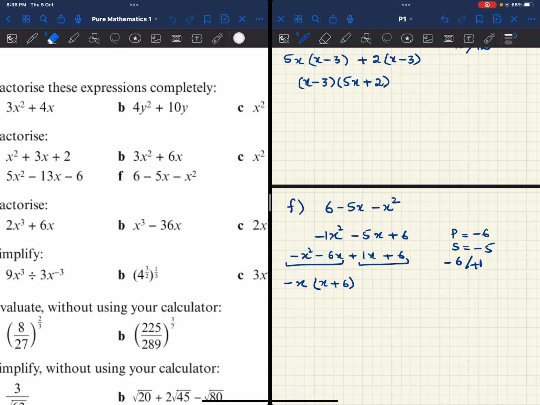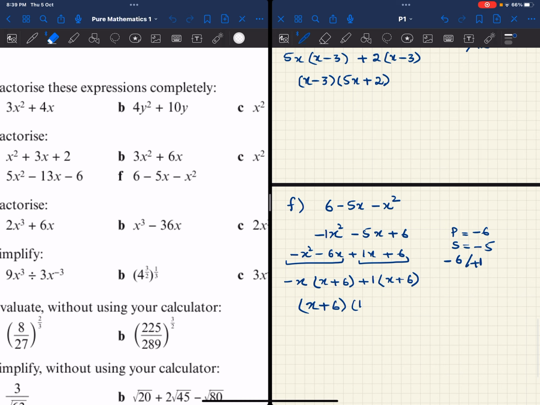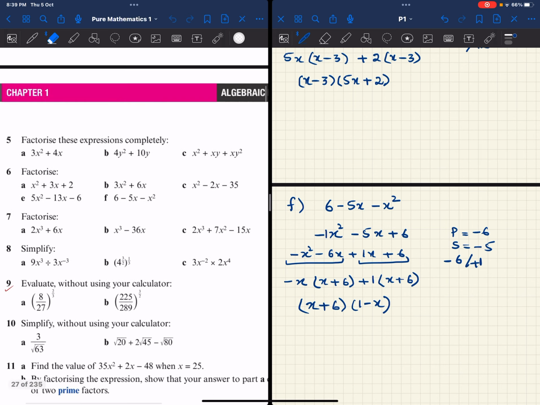And from the second bracket, I have 1 common out. So what remains inside is x plus 6. Now, from the first term and the last term, I remove x plus 6 common out. And what is left inside is minus x plus 1 or 1 minus x. And that answers question 6F.